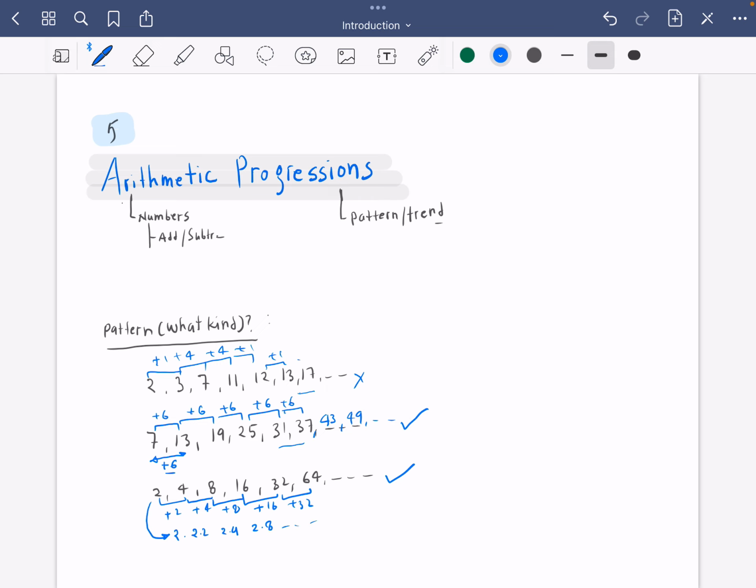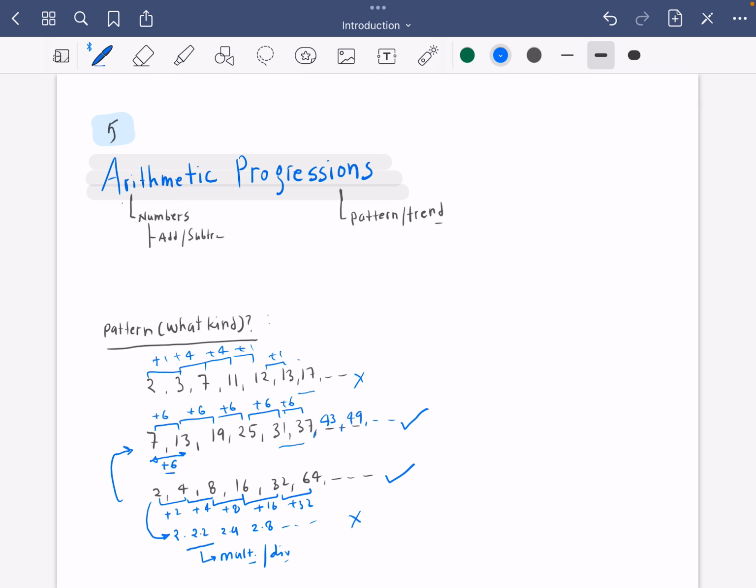So this series is about multiplication or division, and that's what we are not concerned with here. Certainly it's a kind of progression. The numbers show a trend or a pattern. You can predict the next number, but this is not the kind of series we are concerned with.